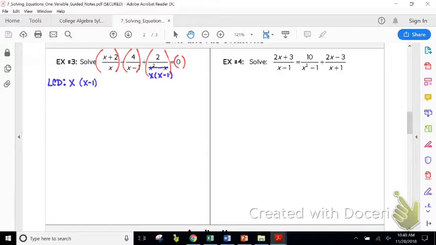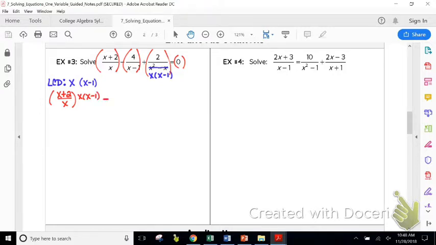This one being a 0, honestly, it's not going to make a difference, but if it was a different number, it would make a big difference. So I'm going to write it out. So I have the x plus 2 over x times x minus 1.